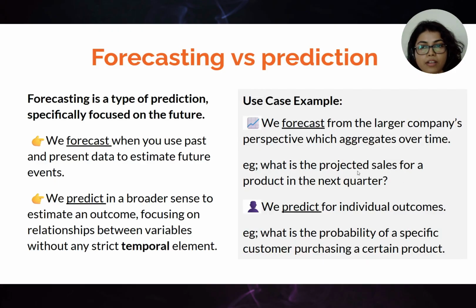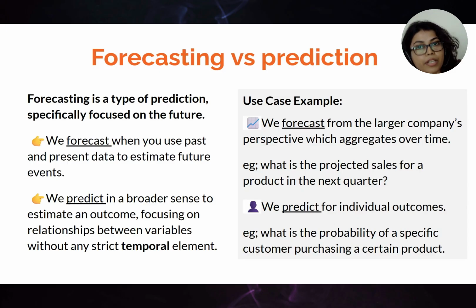When we forecast, it is usually from the perspective of the larger company or the business, which aggregates over time. For example, if I am asked what the projected sales for a product in my company will be in the next quarter, then we will answer this question using a forecasting solution.